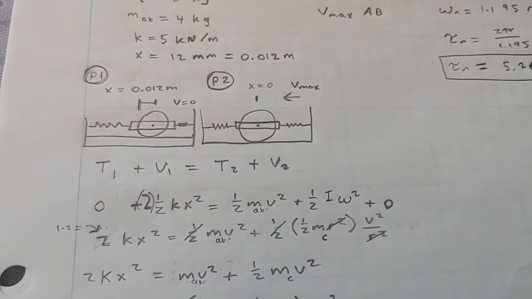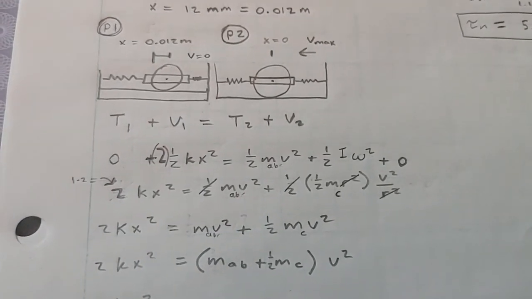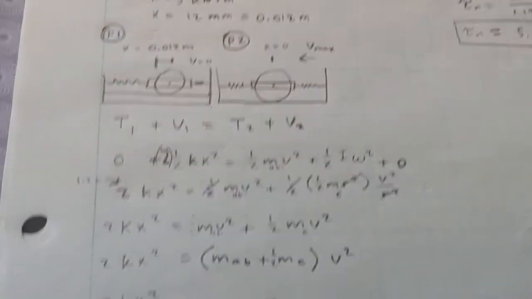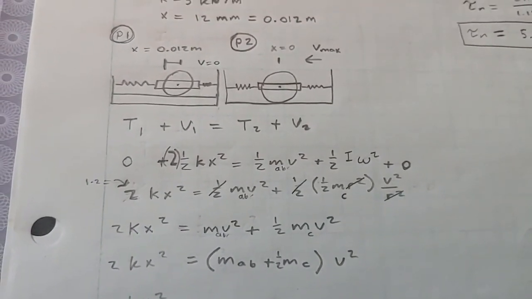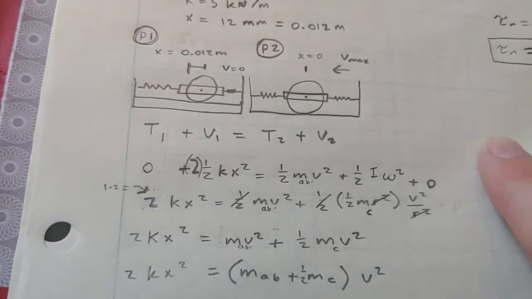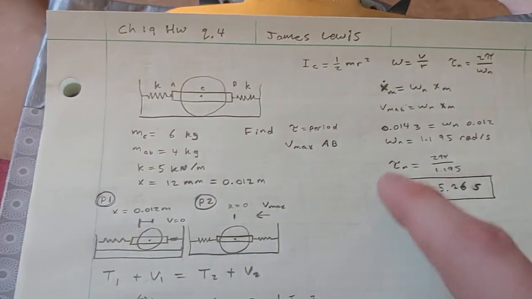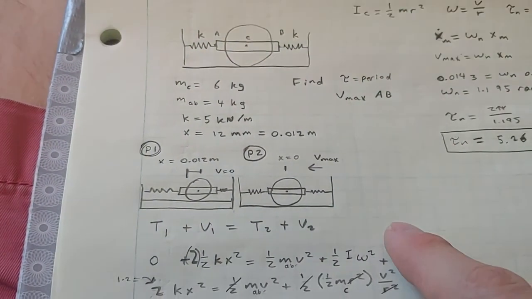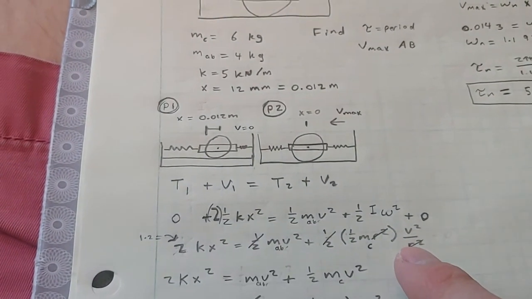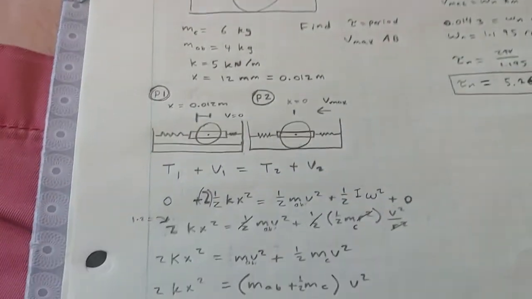So we move down. We can cancel the halves out of the equation. We can cancel the r squares on the right side of the equation, because our inertia equals 1 over 2 mr squared, because it's a uniform cylinder, and the angular velocity is our velocity over our radius.